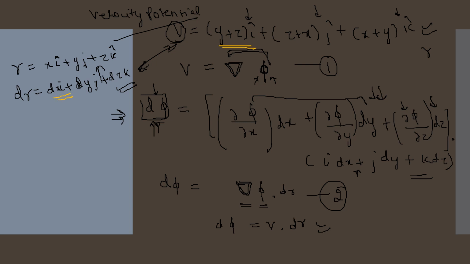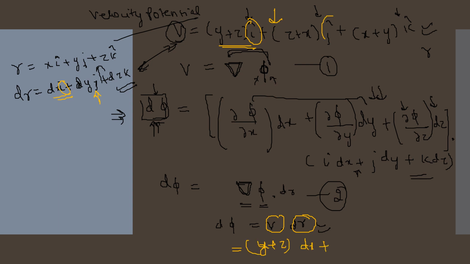So what I'm doing, I'm multiplying this with the i component. What I'll get? x into, yes or no? x into y plus z. Yes. See, this is y plus z. I am multiplying v with dr. So v is here, dr is here. i dot i will become 1. What is left? dx into y plus z. Yes or no? y plus z into dx.